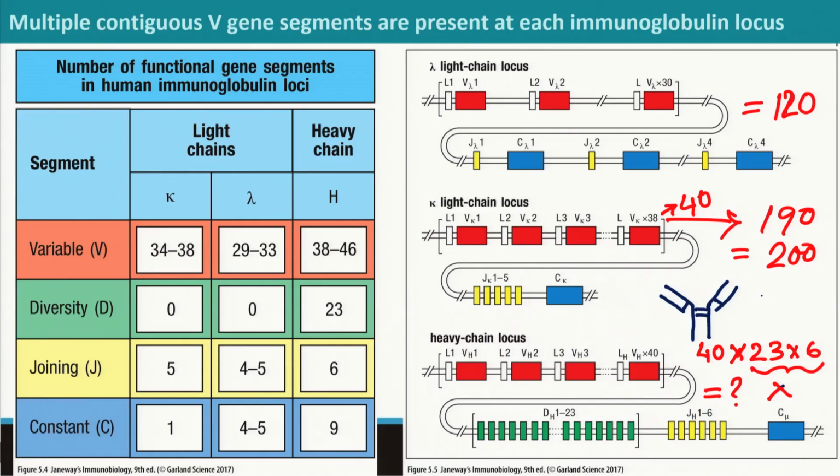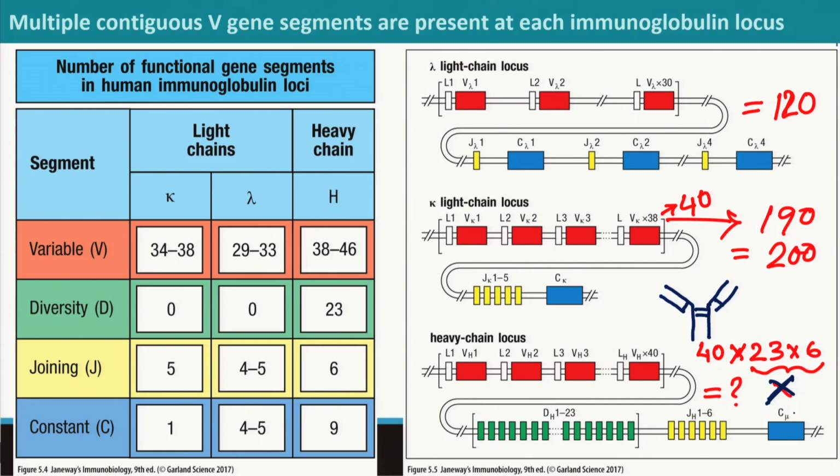Now if you go back to the calculation, any one of these 120 can make an antibody molecule with any one of this x, and any one of these 200 can make the final antibody molecule with any of this heavy chain.